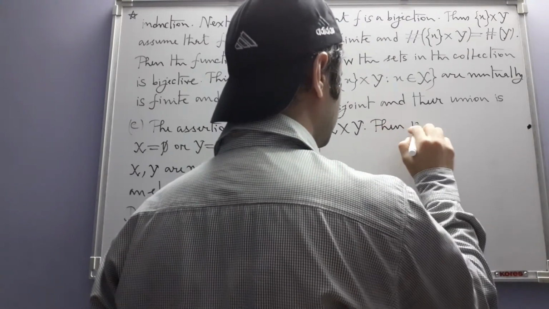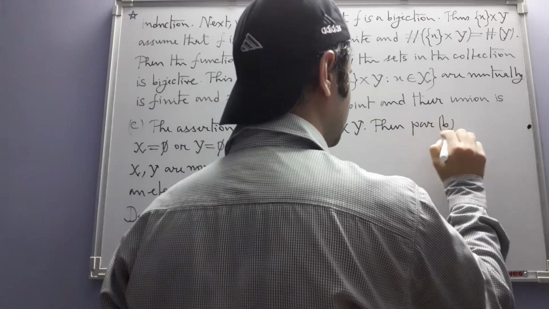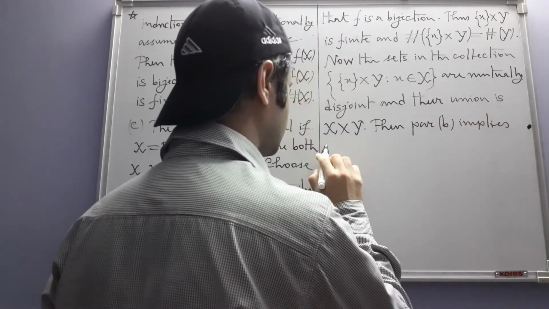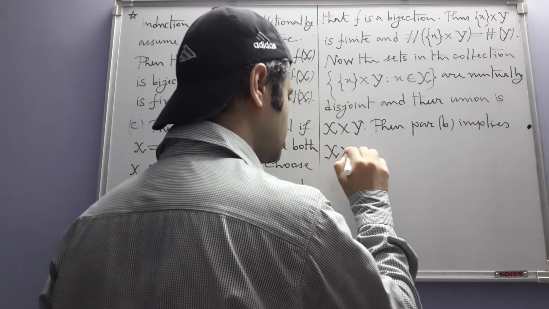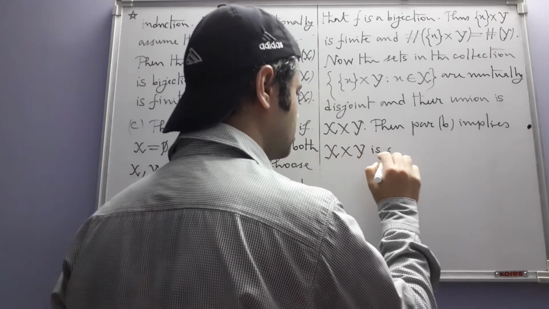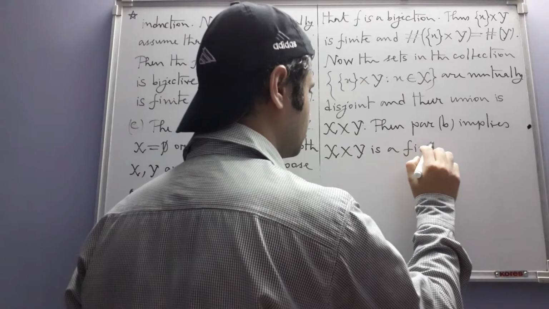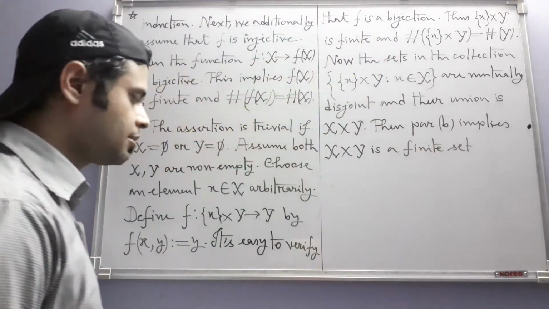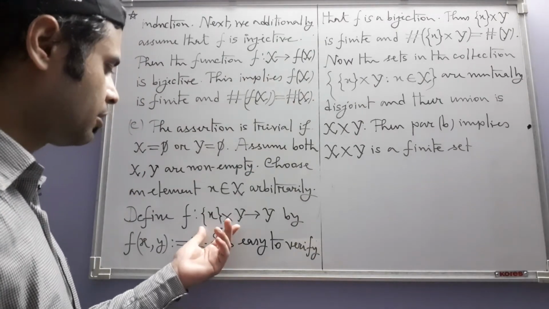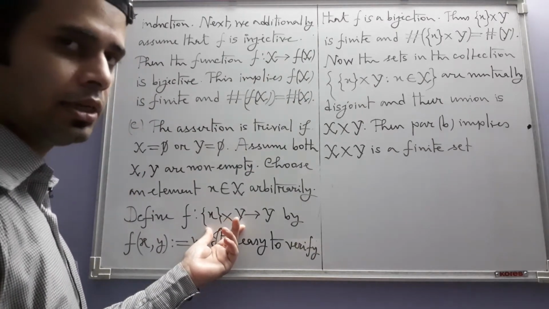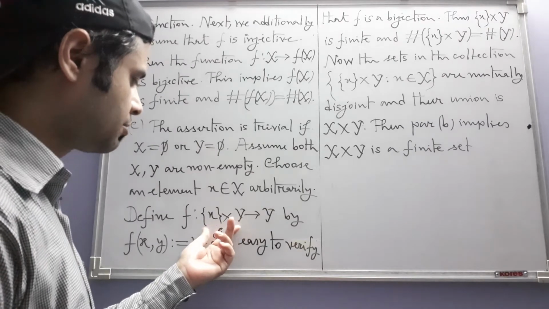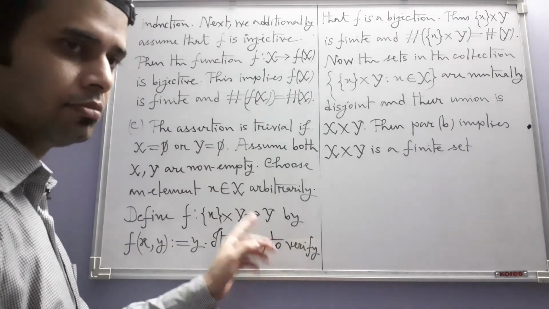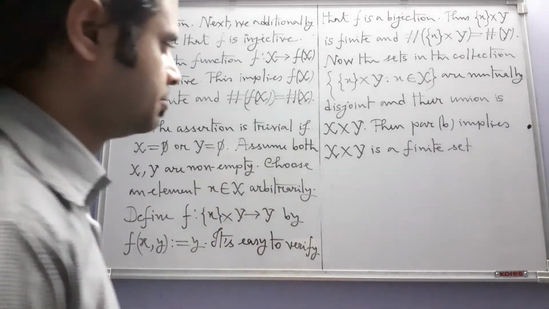Then part B implies x cross y is a finite set. Note that finiteness of x cross y is after all coming from finiteness of all these sets, and they are finite because we have found bijections between each one of them and y.